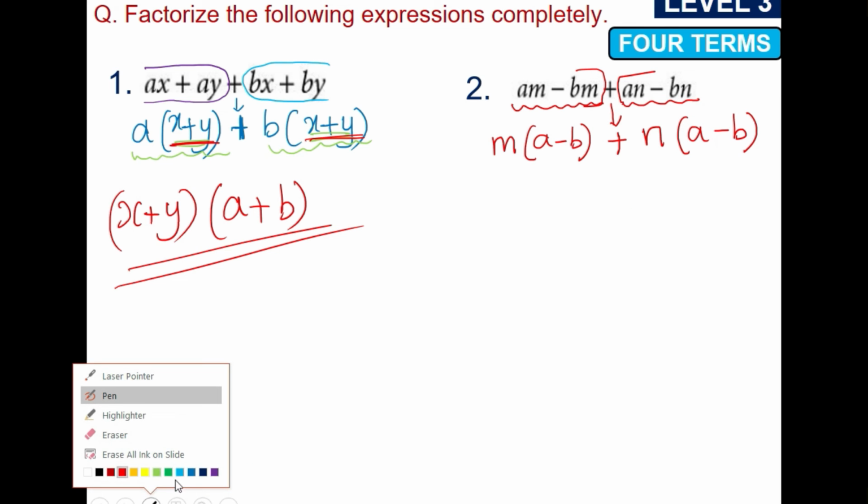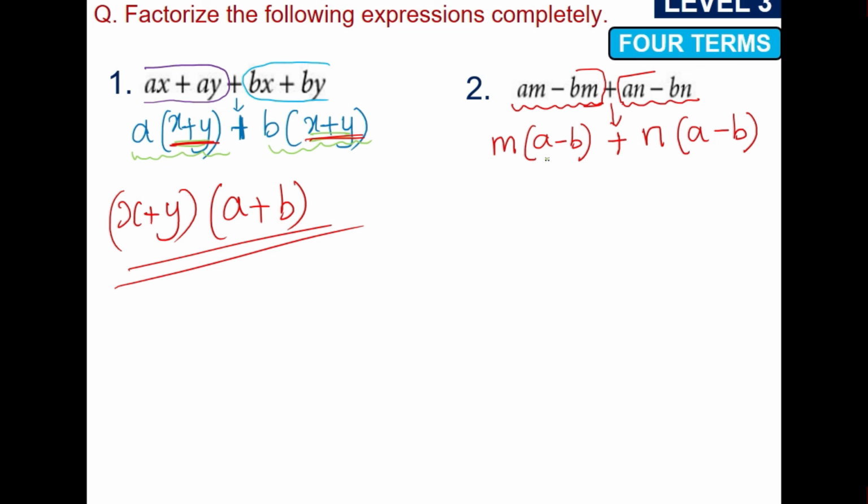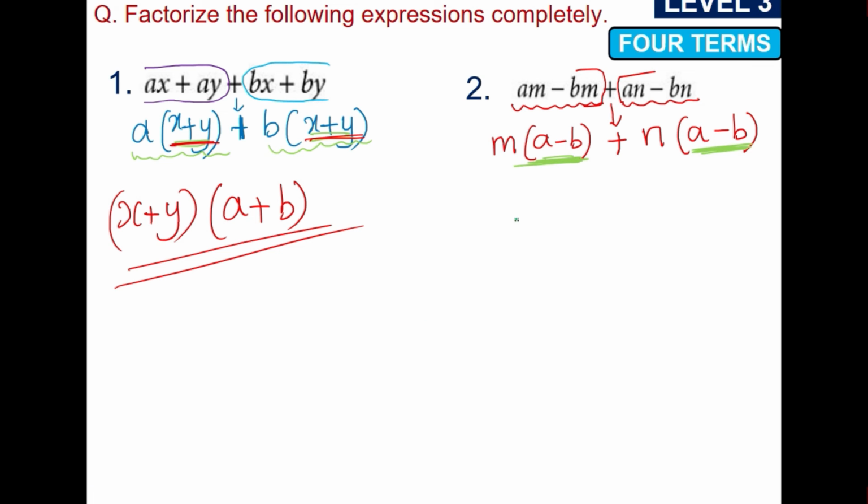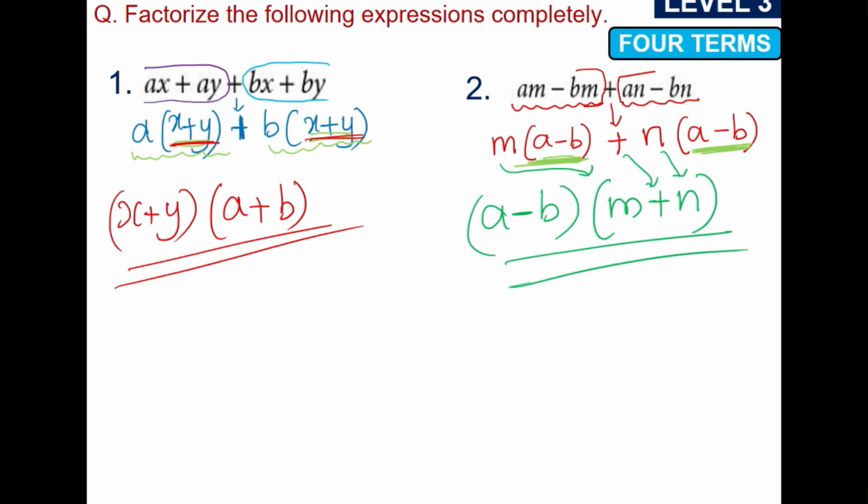Now looking at both the expressions, I have a minus b common in the first term and a minus b common in the second term. So I just take a minus b as my common factor outside, and what remains here is m plus n. So this is my final answer.